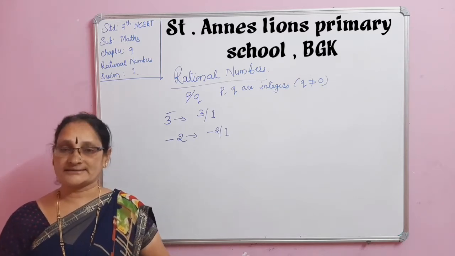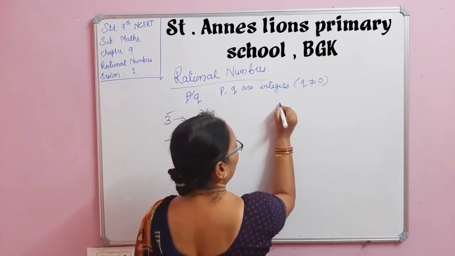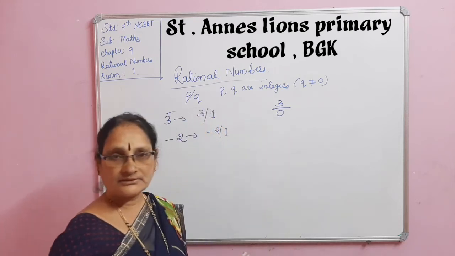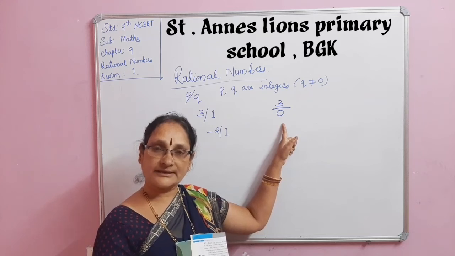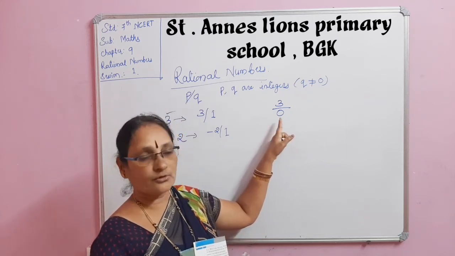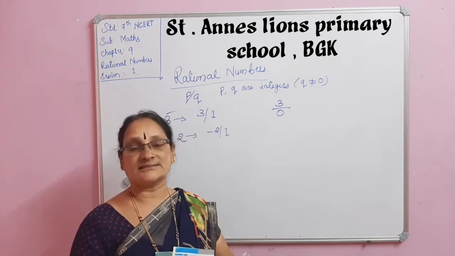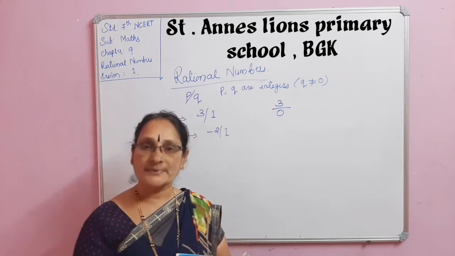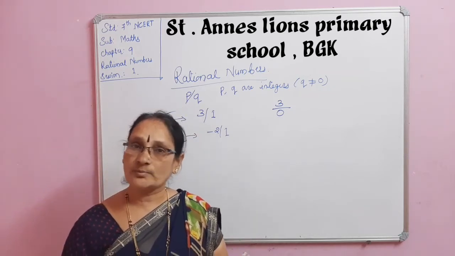Suppose we have 3 by 0. If the denominator is 0, we cannot say this is a rational number. Why not? If there is 0 in the denominator, what happens? Why is this condition put here for rational numbers, you may ask.